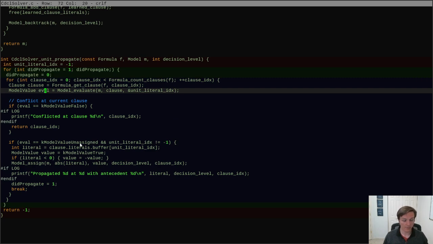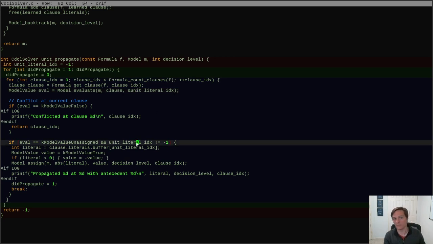Let's back up: for the whole clause to come out unassigned, what has to be true? Well, if anything in there is true, the whole thing comes out true. All we need is one true variable. One true variable means we're done, this clause is true. That means there are no trues, and since there's only one unassigned, everything in there must be false except for one thing. One thing must be unassigned, and that one unassigned thing has come back to us in this integer as something other than -1.